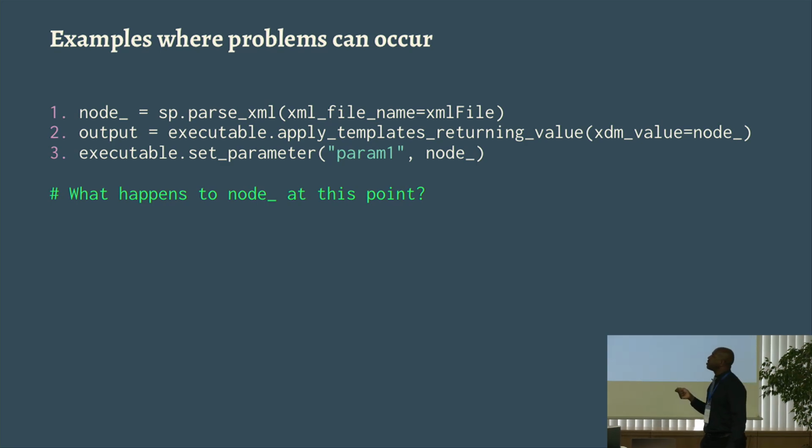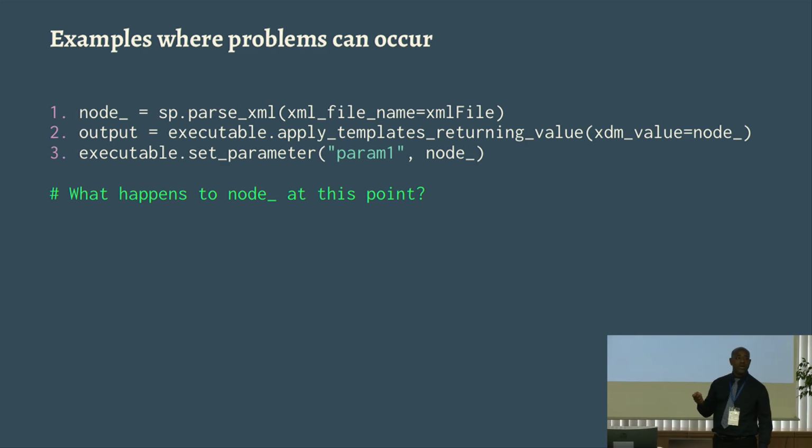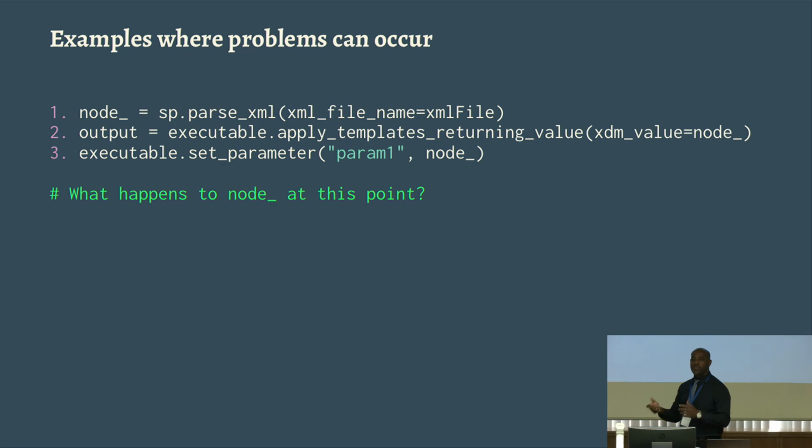What happens to node_ at this point? So Python being Python, it says, well, there's no references at this point. This node object's not used, so garbage collect it. But we're using it as a parameter within our processor. So that will cause problems. So when we now further down in the code or in some other part of the code want to use that parameter in some other transformation, it's not available.